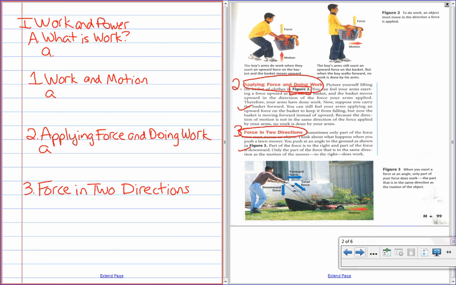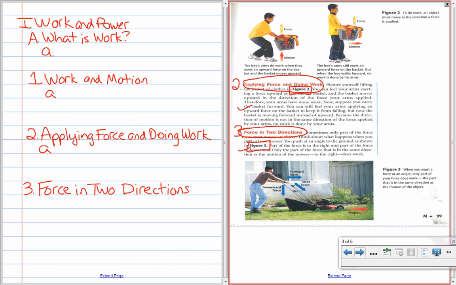Okay, so that also refers to a figure. So getting these notes down is going to be pretty darn easy.